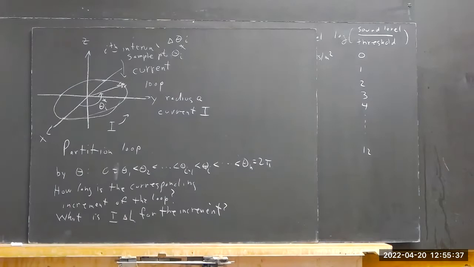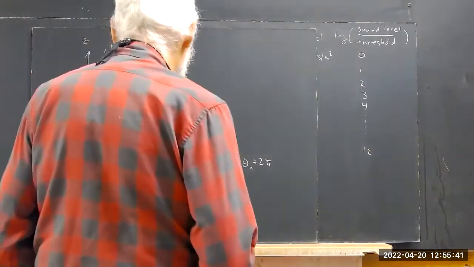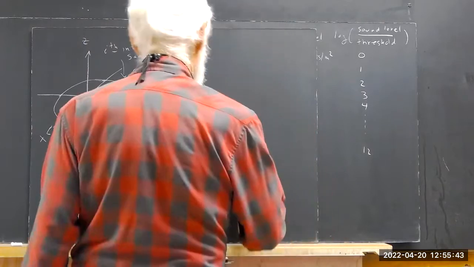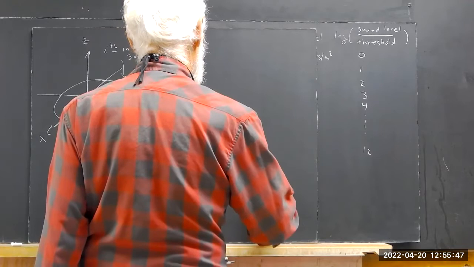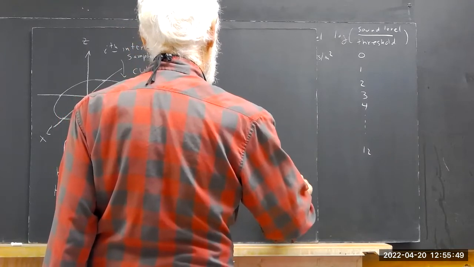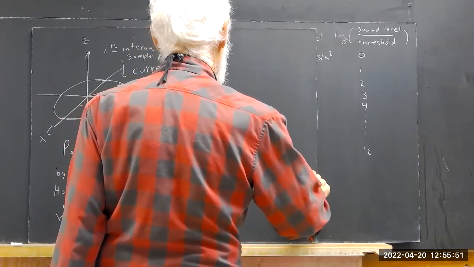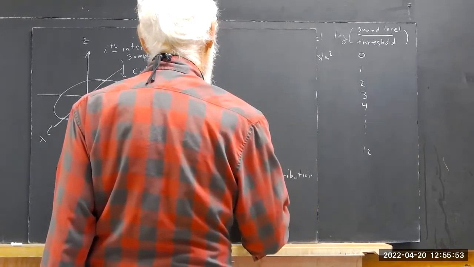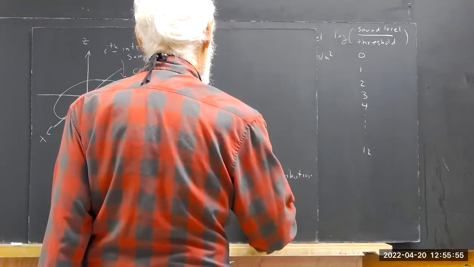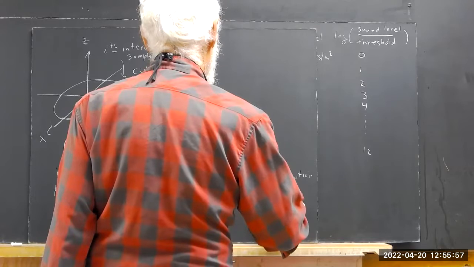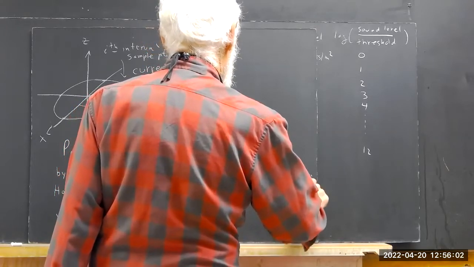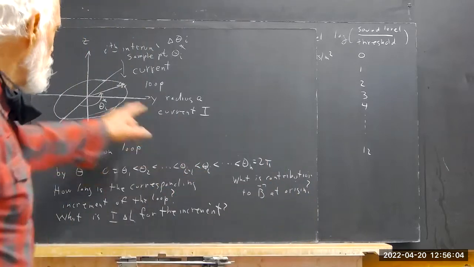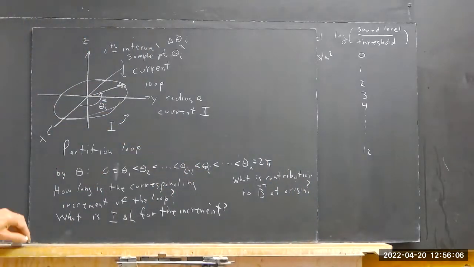What's I delta L for the increment? And what's the contribution to the magnetic field at the origin?